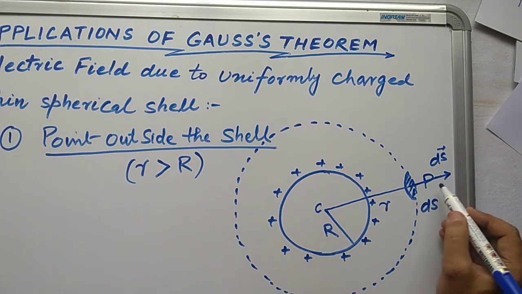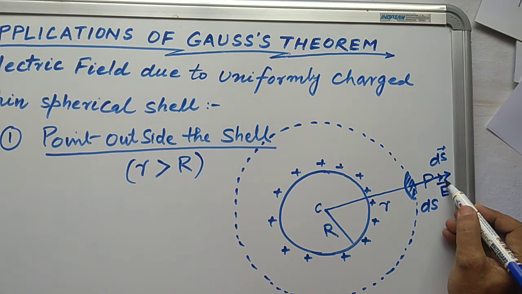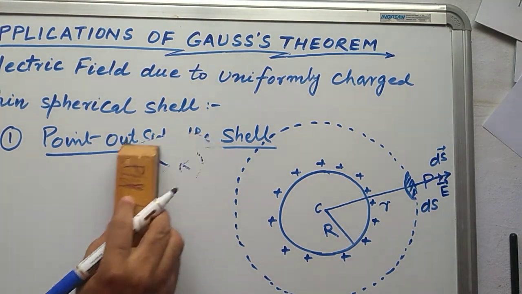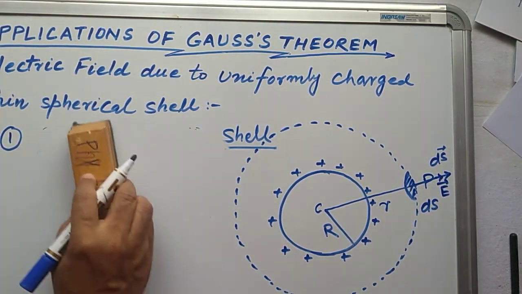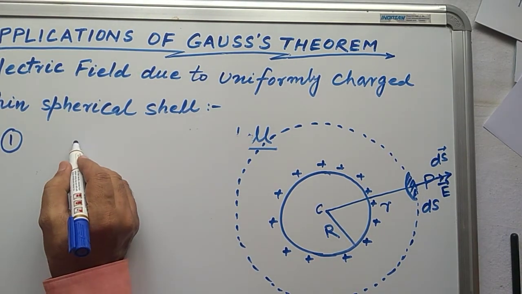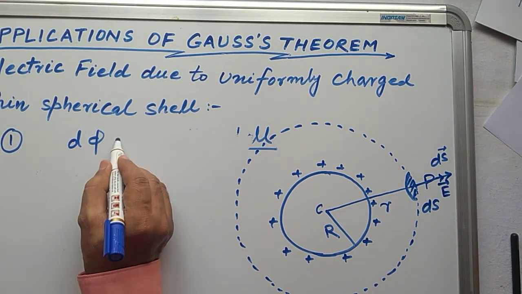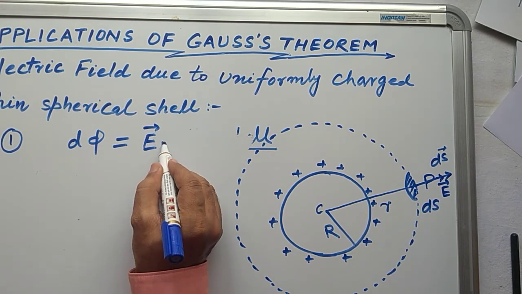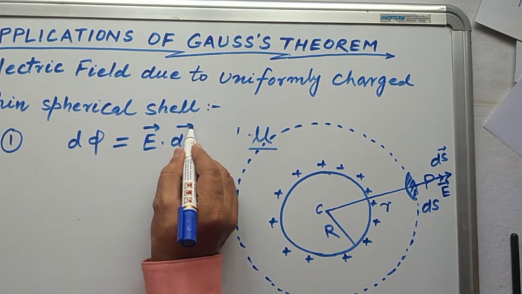Now, the electric field is in the same direction. So, first we calculate the small flux passing through this area element. We know d phi equal to E dot ds.